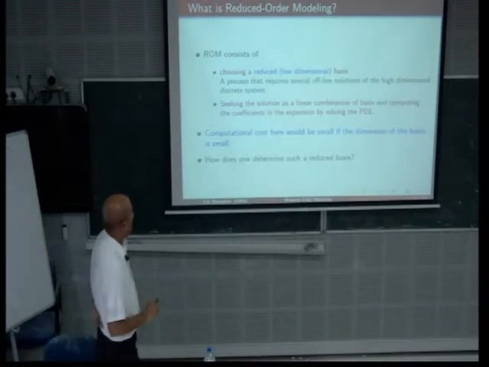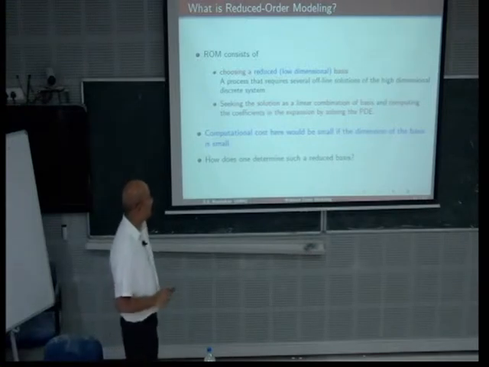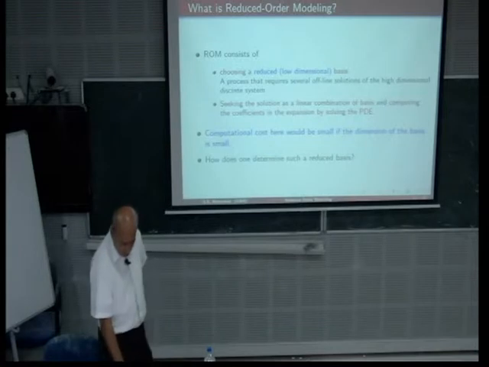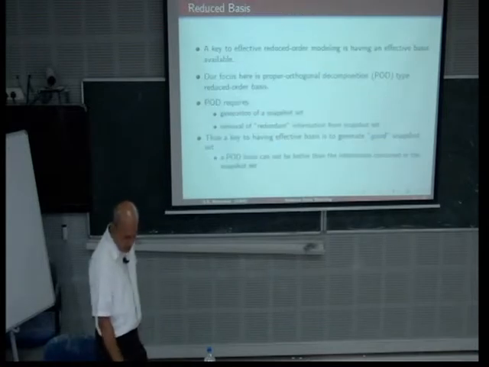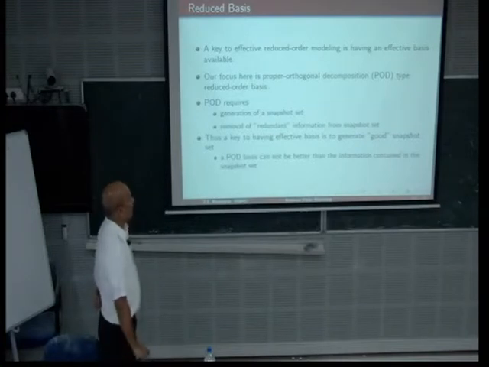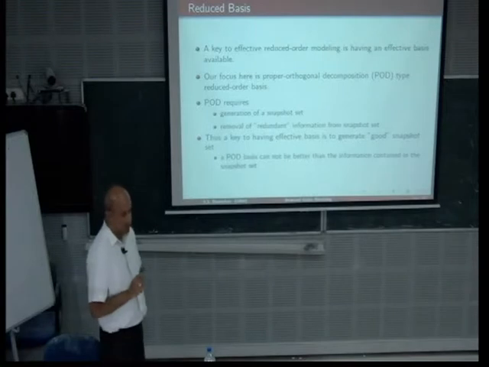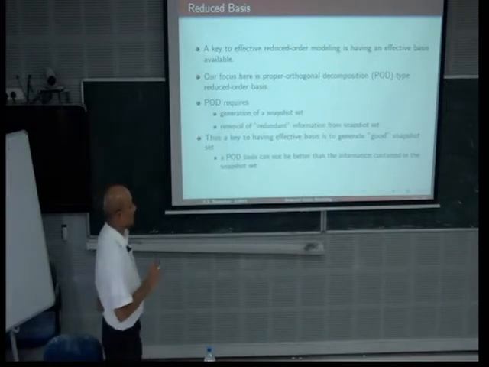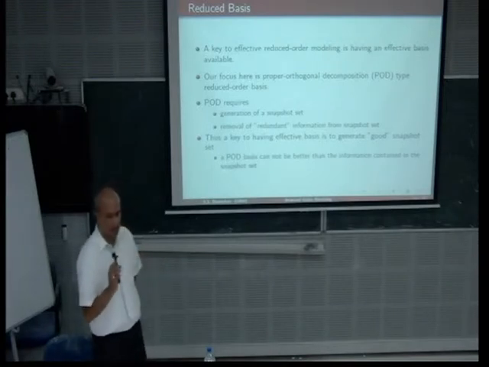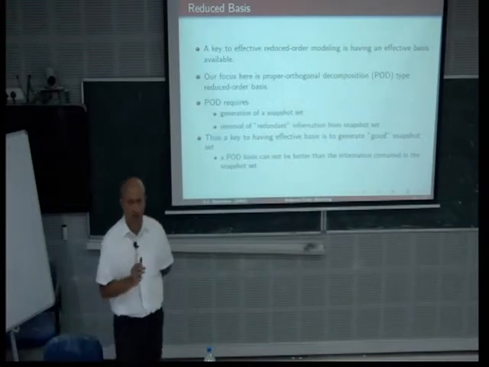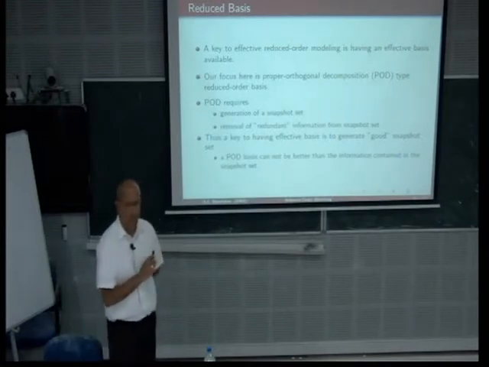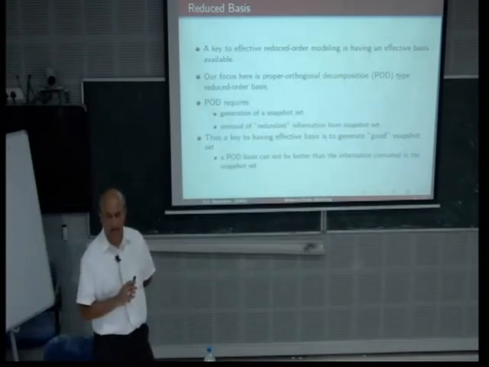So how does one determine this basis? That is the crucial step, so let me talk about it next. The key to effective reduced order modeling is having an effective basis. Without that you cannot reduce the dimension. For example, you have seen people use Stokes eigenfunctions, right?